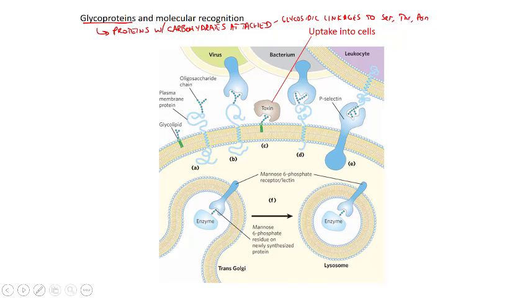And so glycoproteins are very important for molecular recognition, especially between different types of cells. So for example, certain cellular toxins, for example, cholera toxin, gets taken into cells because it binds to a certain carbohydrate on a certain molecule on the plasma membrane of cells.